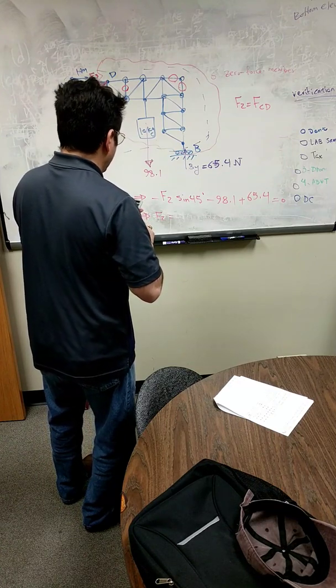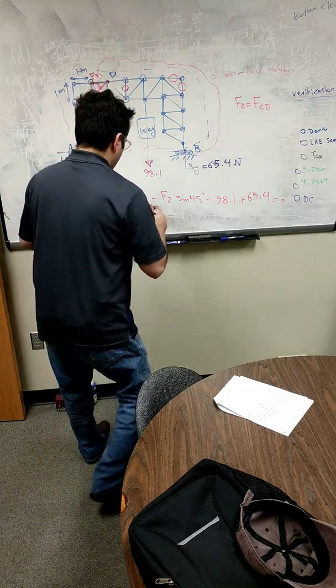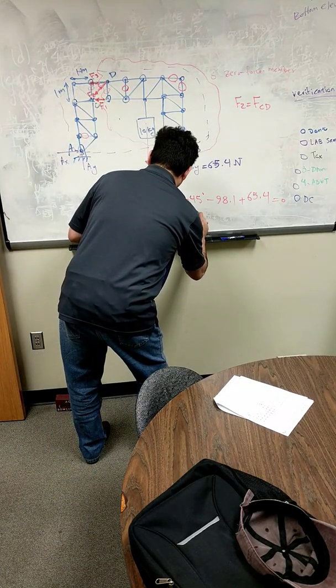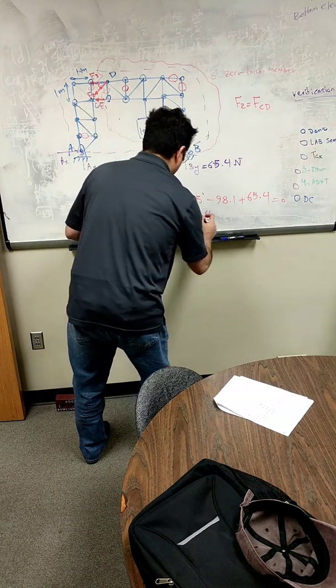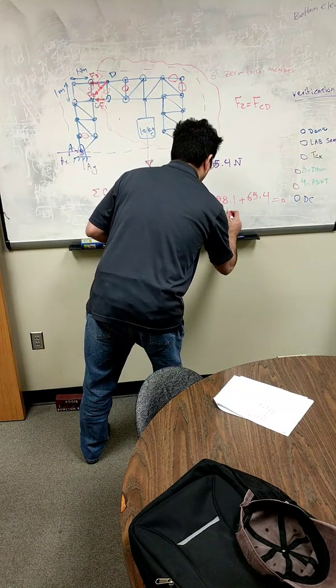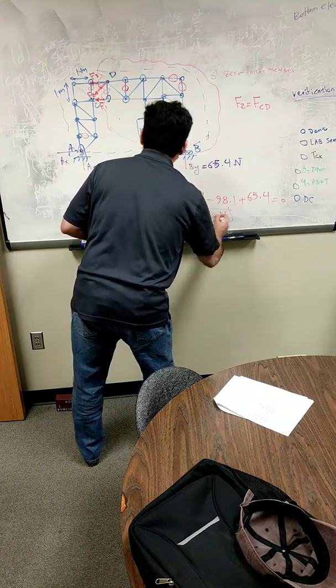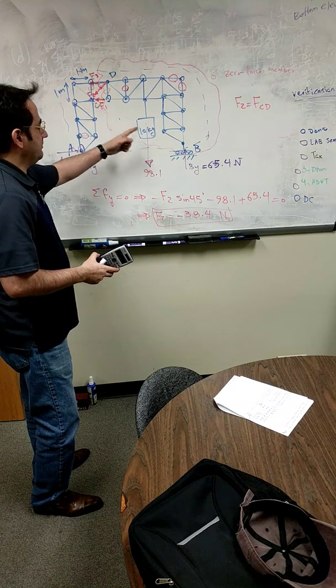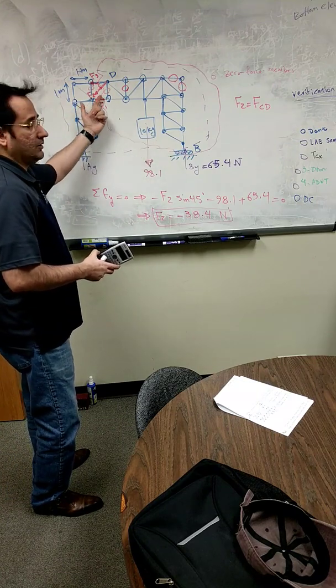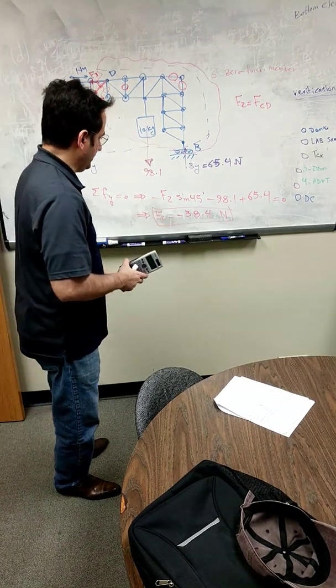Divided by sine 45 is negative. So it's negative 38.4, three significant digits, Newton. So it's compression. So this member is in compression, and the value is 38.4.